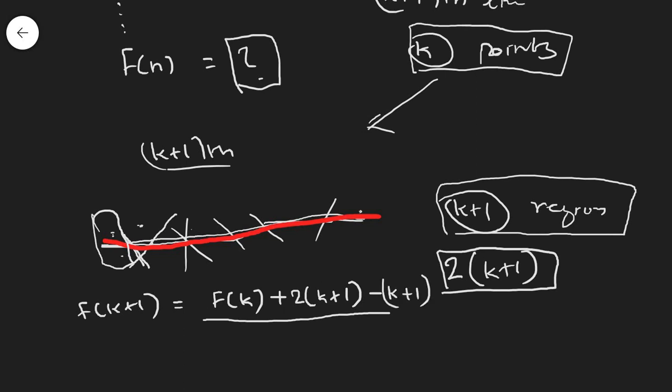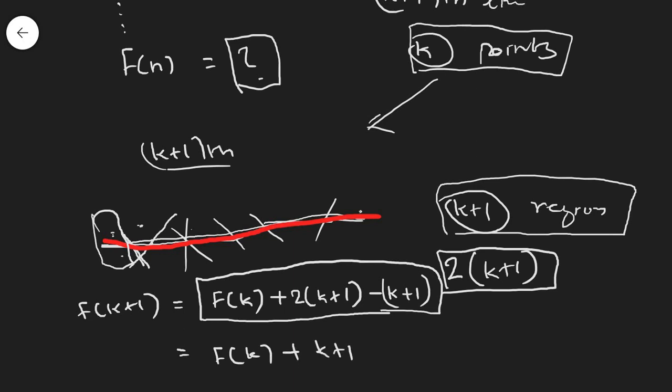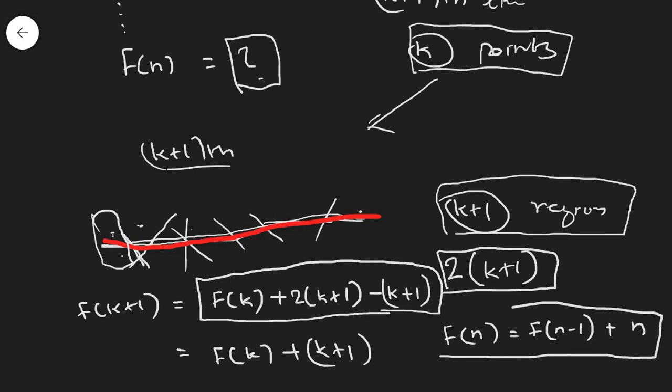So this would be the relation between f of k plus 1 and f of k. If we solve it, and write it as f of n, we can write f of n as f of n minus 1 plus n. So we get the formula.